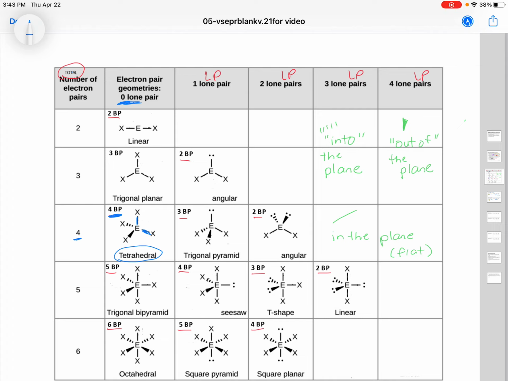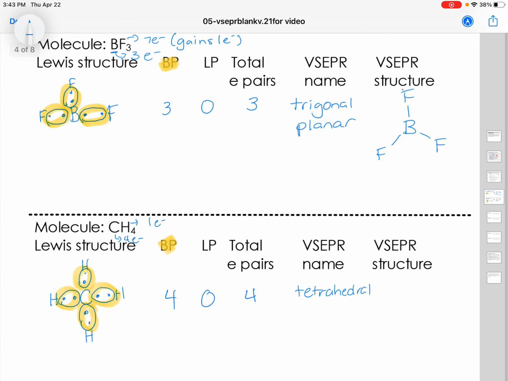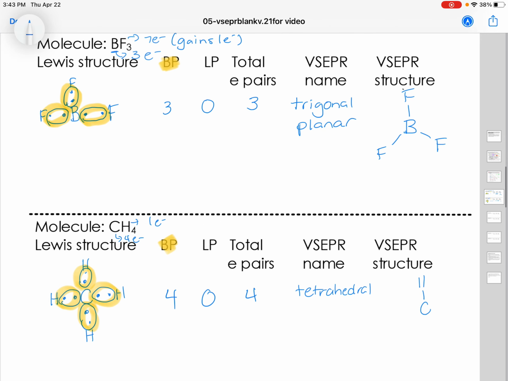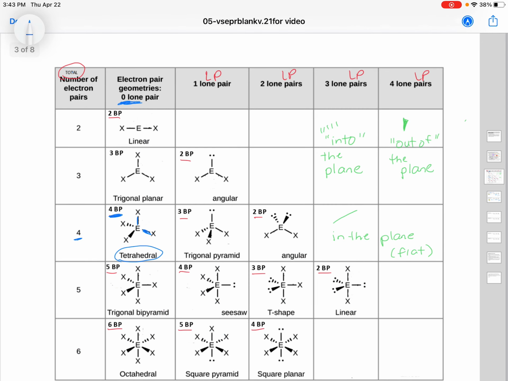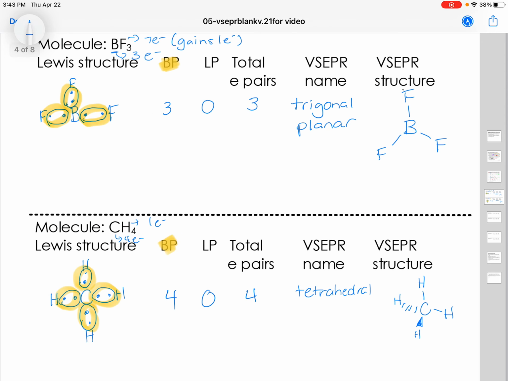So you want to do your best and draw that shape. Does it really matter if you put the one coming out on the other side and the one that's flat on the left-hand side of the carbon? No. But most people just try to follow the chart that I've given you, okay?